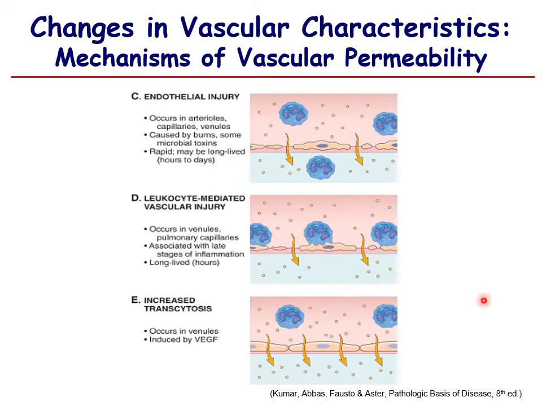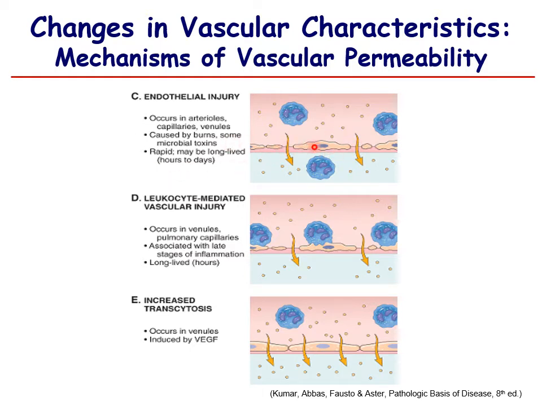The second mechanism is due to endothelial injury. Vascular endothelial cells are damaged, and this happens in the context where there is physical damage by events such as burns or infection, in which some of the microbial toxins can cause direct injury to vascular endothelium.